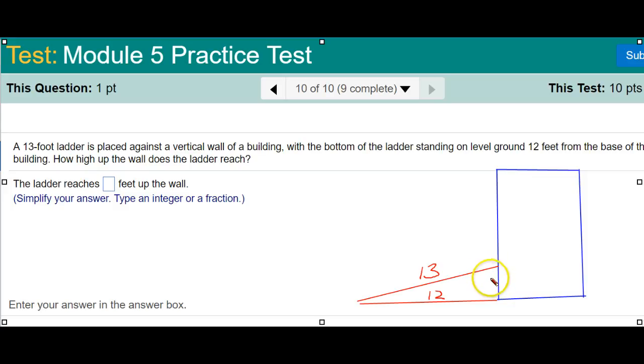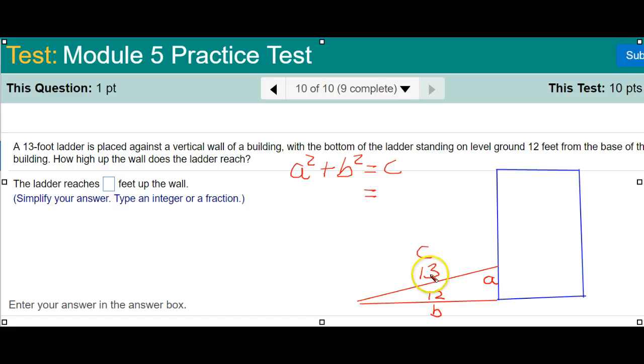So we often think of the short side of a right triangle as A, this is B, and this hypotenuse here is C. And we're going to use the Pythagorean Theorem, A squared plus B squared equals C squared.